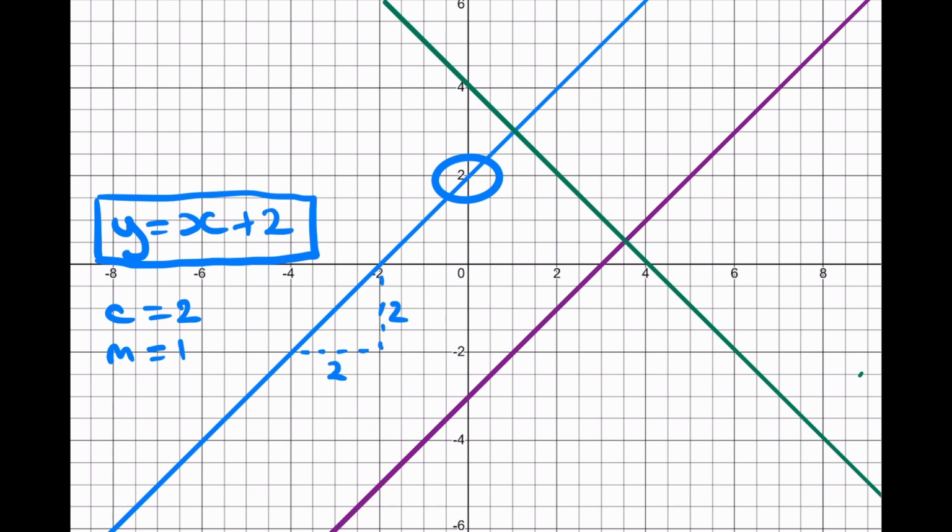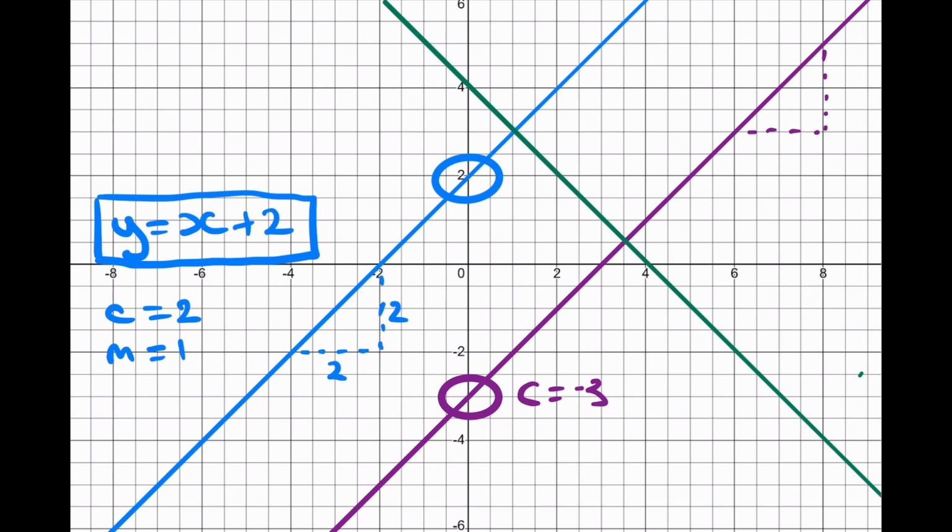Again, let's start off with the y-intercept, which is -3. And then we're going to look for the gradient. Again, please do use a ruler in exams.